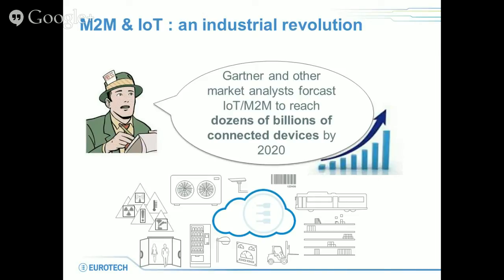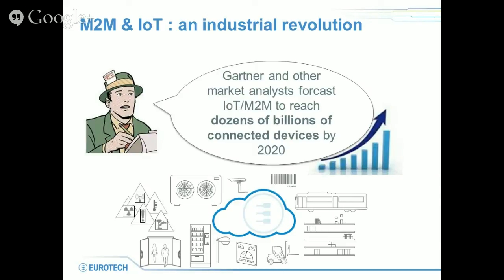And they expect it because they simply count. They count the devices which are connected, and they see the speed at which this number of connected devices increases. And they see, wow, we counted 2 years ago and we expected much less, and now there are more. And so they do the forecast and the prediction.